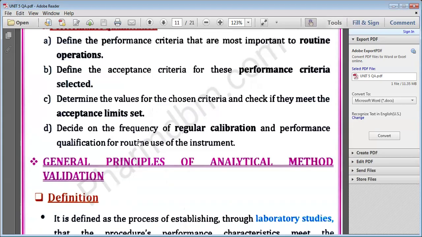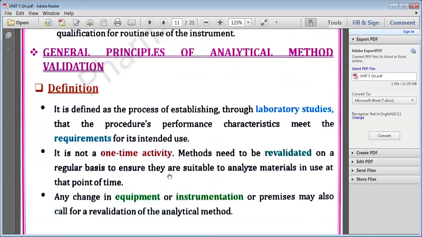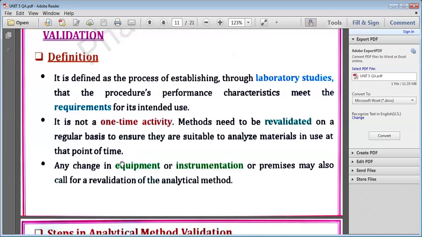Coming to the next topic, that is general principles of analytical method validation. Coming to the definition of analytical method validation, it is defined as the process of establishing through laboratory studies that the method's performance characteristics meet the requirements for its intended use.